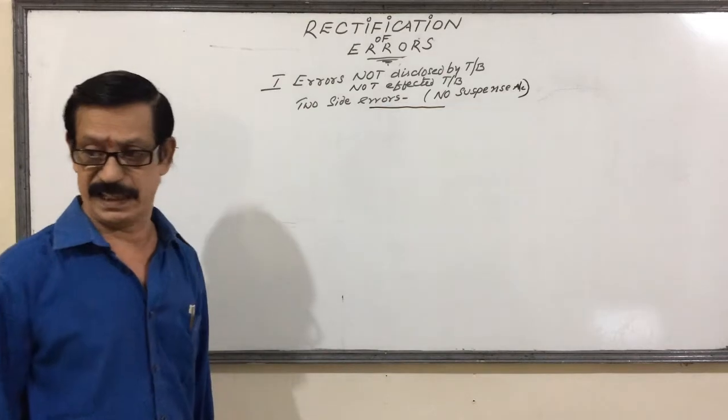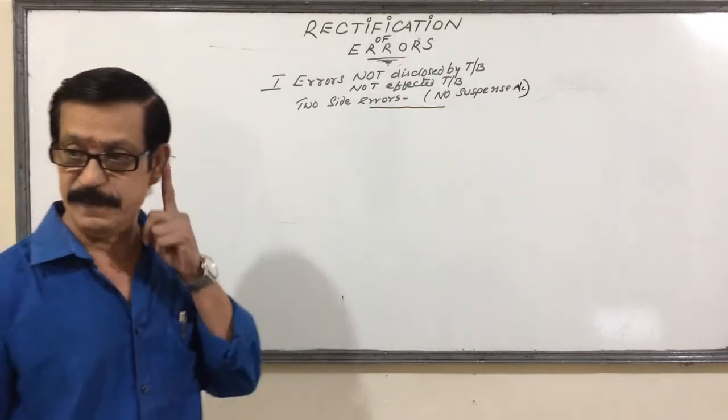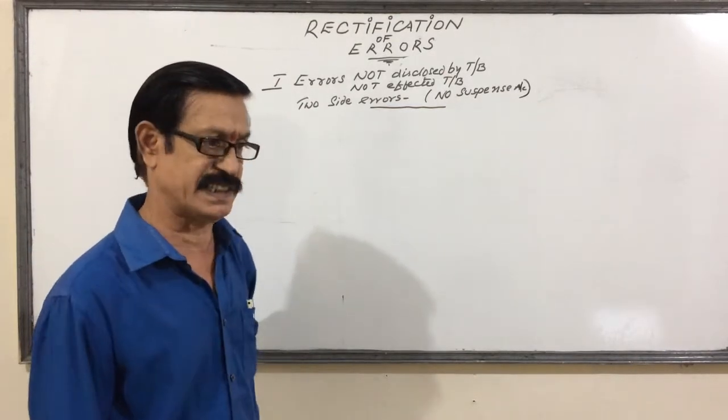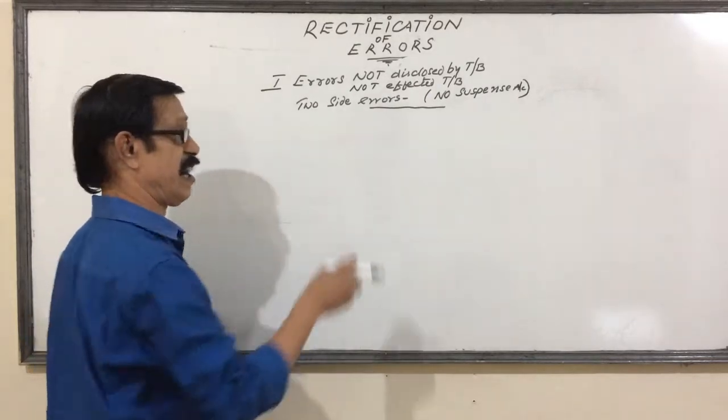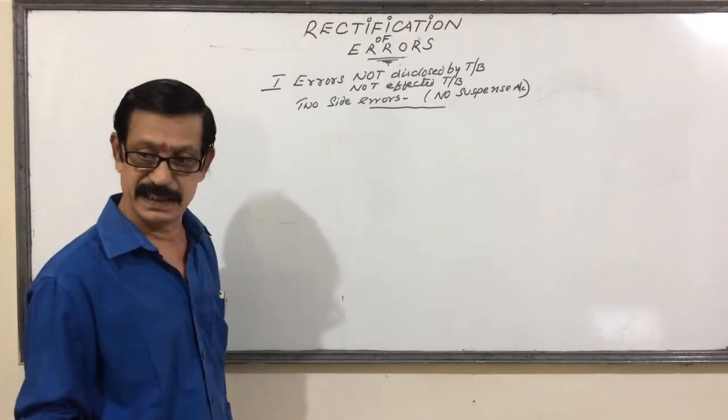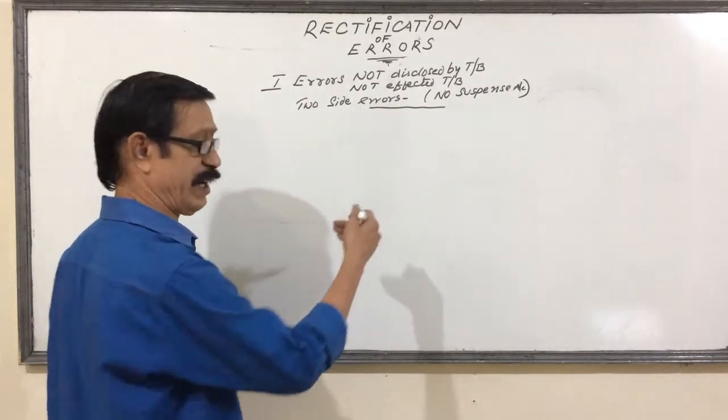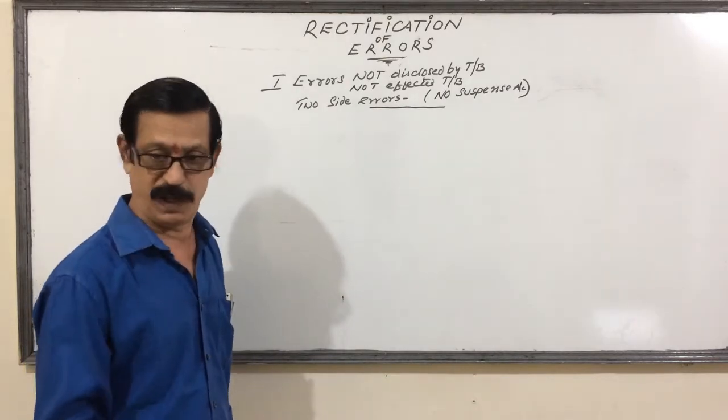Well, dear students, I already told you two types of errors are there. As far as the accounting part is concerned, these errors are not disclosed by trial balance. One by one I am explaining. Please follow.